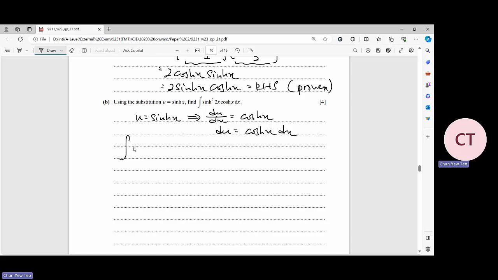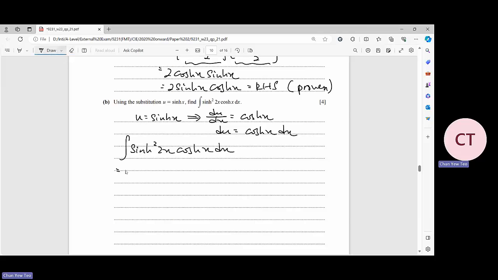So that means this question's sinh square of 2x cosh x dx, I can change this whole thing to become a du. But I cannot change yet because what I have over here is sinh 2x, not x. So I need to settle this part first before I do the substitution.